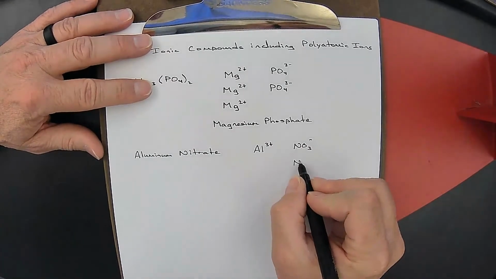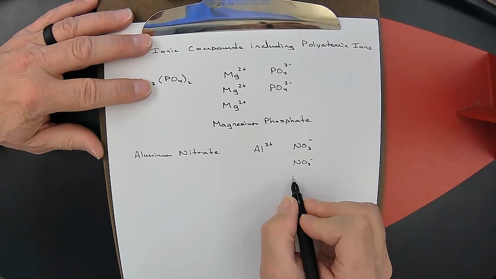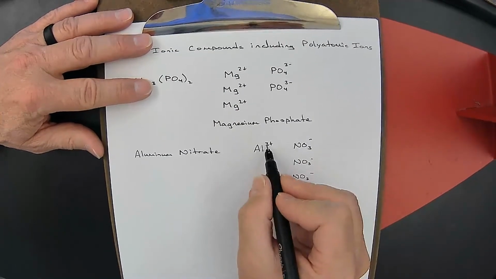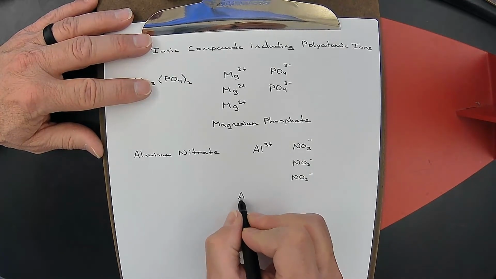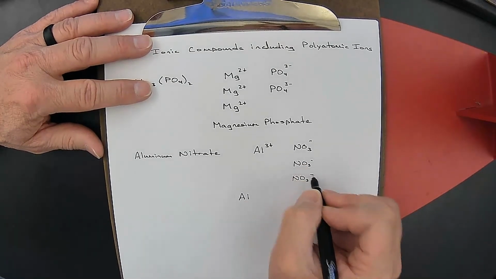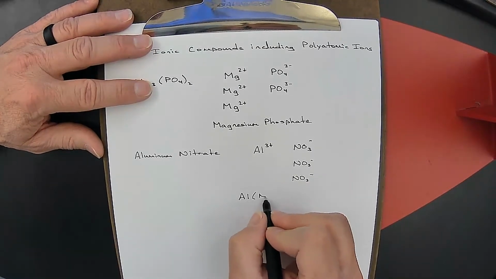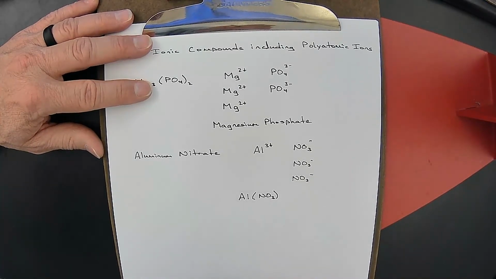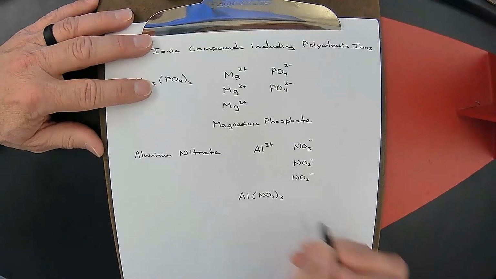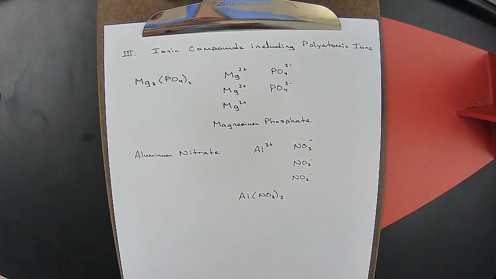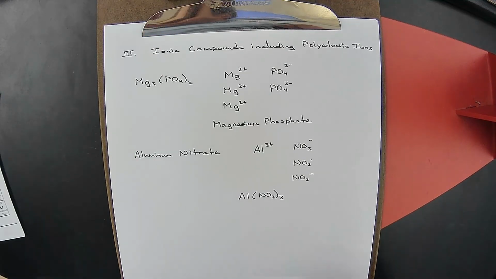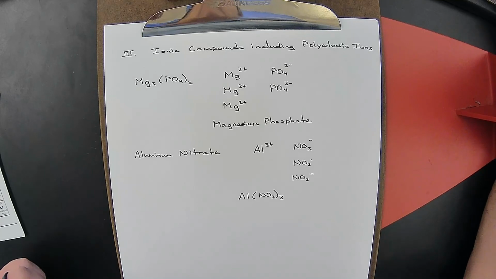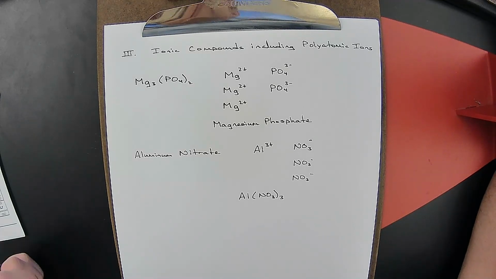So then we need 2 more to be able to balance the 1 Al. Because of that, the formula becomes Al(NO3)3. I need 3 NO3s, so I need to put it into parentheses, and then on the outside, put a 3. I hope this helps in understanding the 3 categories of ionic compounds and moving from the name to the formula for each.